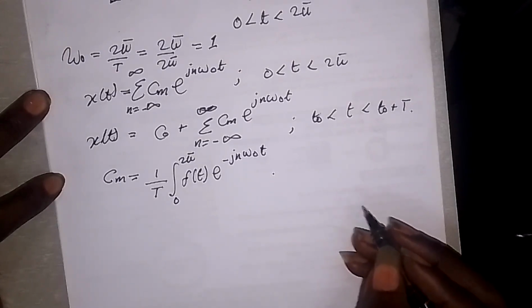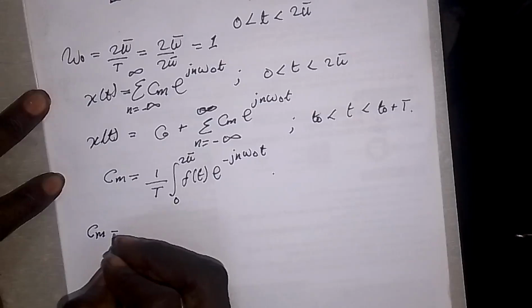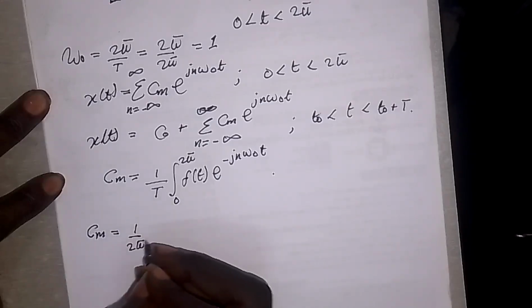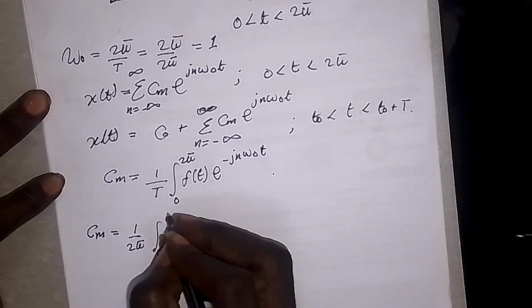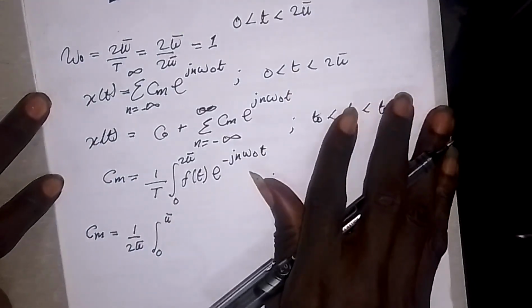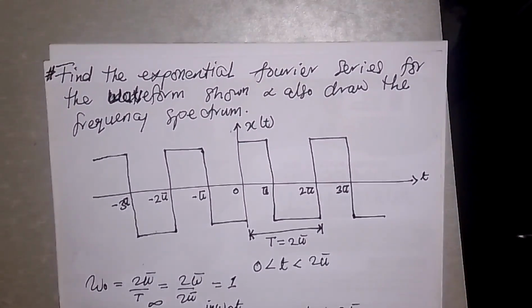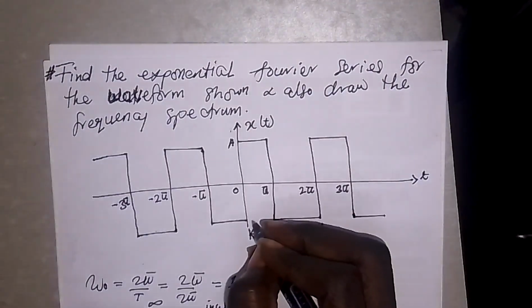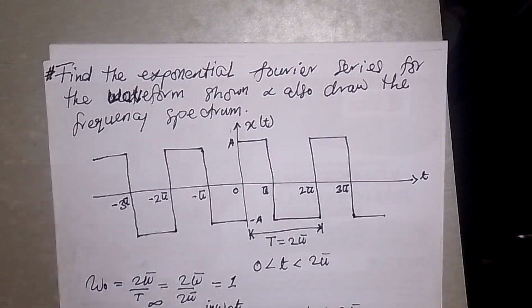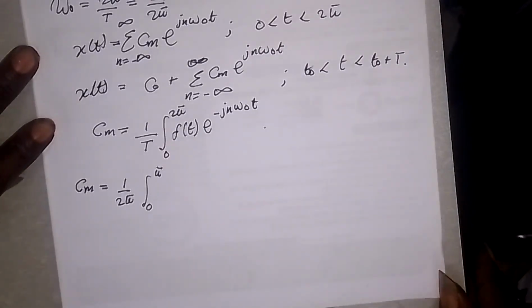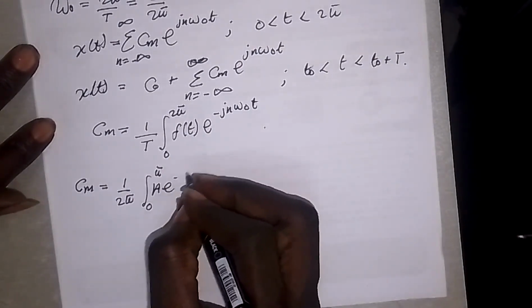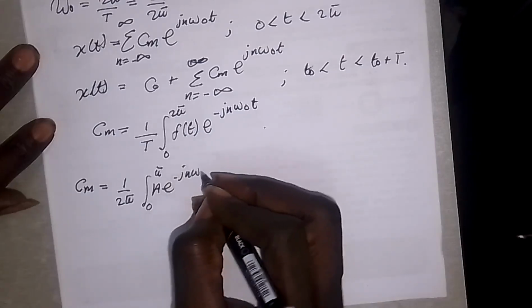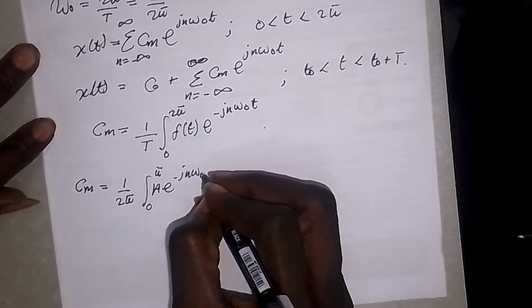I can say that Cn is equal to 1 over 2 pi into the integral from 0 to pi, where the waveform has value a, so we have a into e^(minus j n omega naught t).